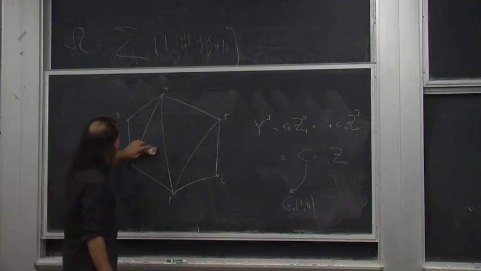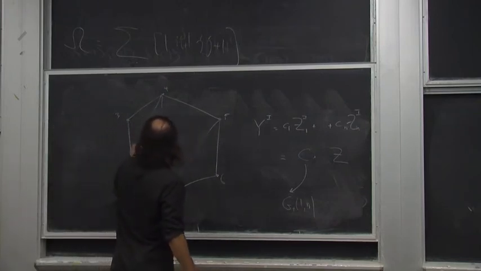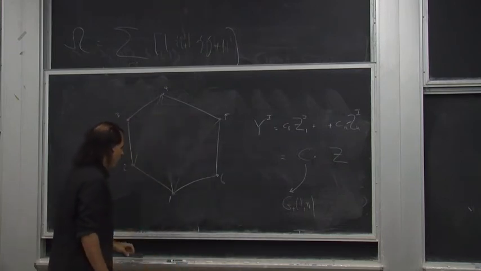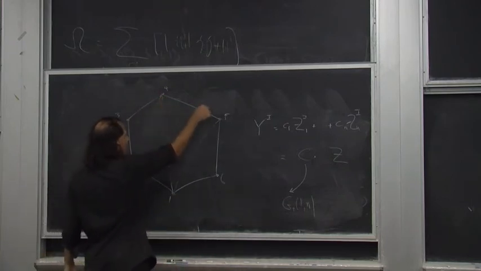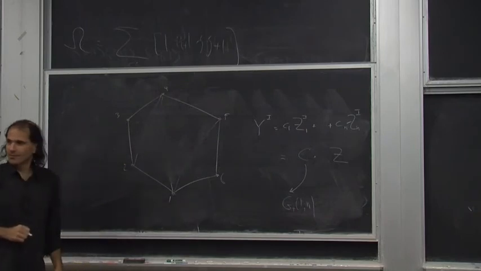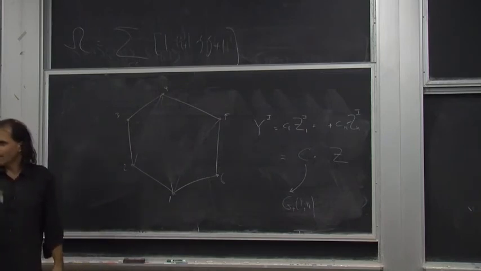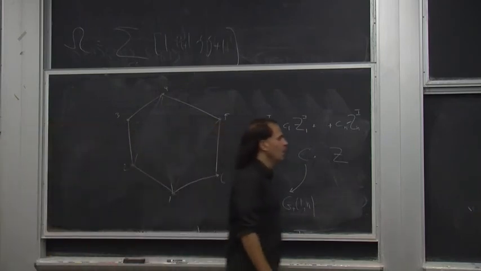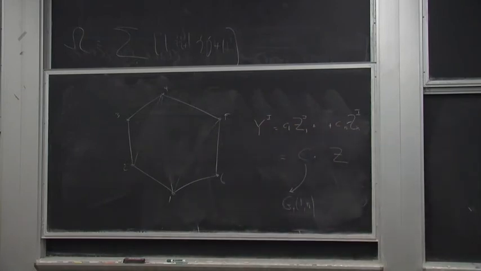But in fact, we need a little bit more. Because if I just give you a bunch of z's, how do I know that they're ordered like this to look like a convex polygon? Okay? What does it take for them to be ordered? Well, let's go back.